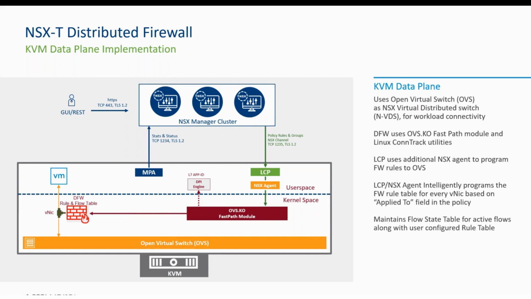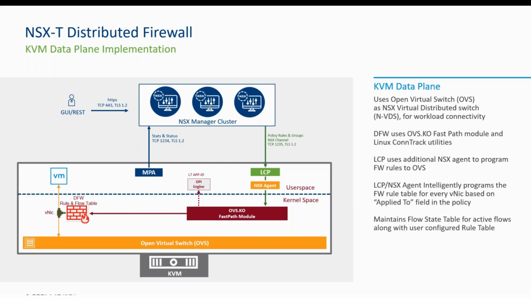Functionally, the DFW works identically on both flavors of hypervisors, but there is a slight difference in the data plane implementation because they use different types of virtual switches. On the KVM host, there's an NSX agent that is the primary local control plane component for those hosts.